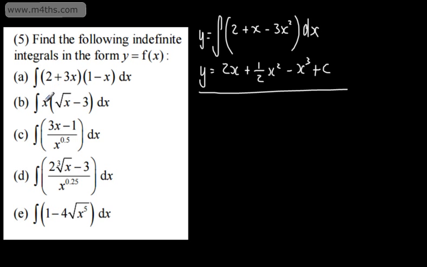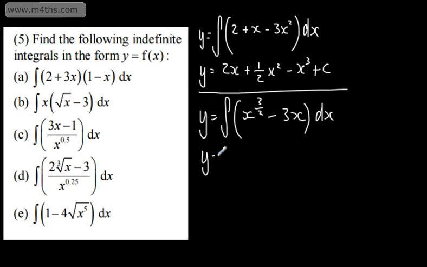Okay, let's look at this one. So we've got the integral now of x root x. Remember, this is x to the half. So we can say that y is going to be equal to the integral now. So x to the 1 multiplied by x to the half is going to give me x to the power of 1.5, or we could say 3/2. Then we can have minus 3x. So minus 3 lots of x, and we're integrating with respect to x.